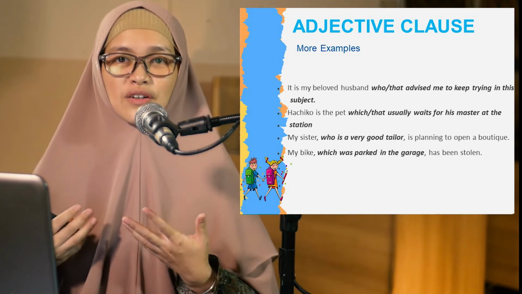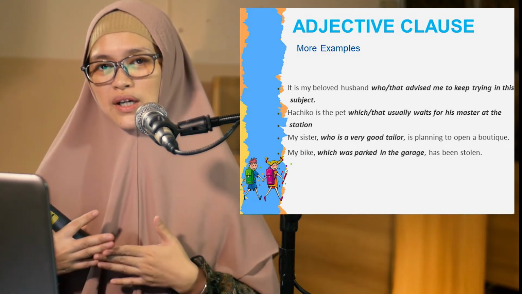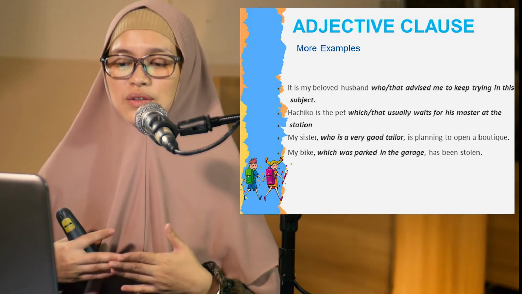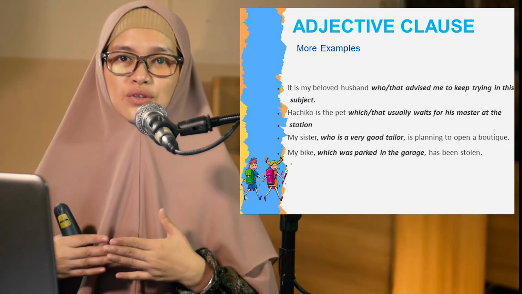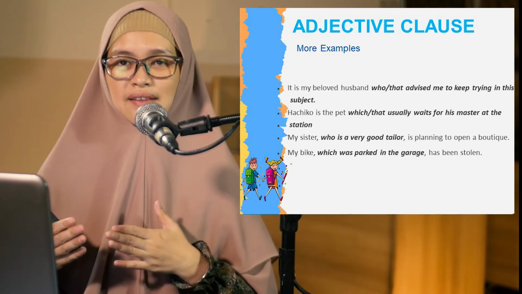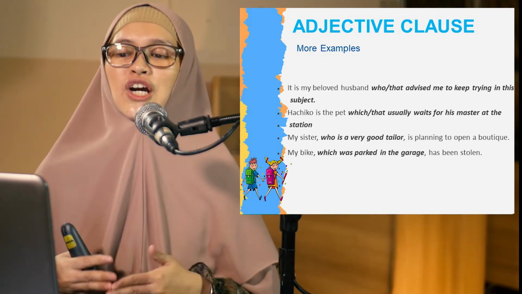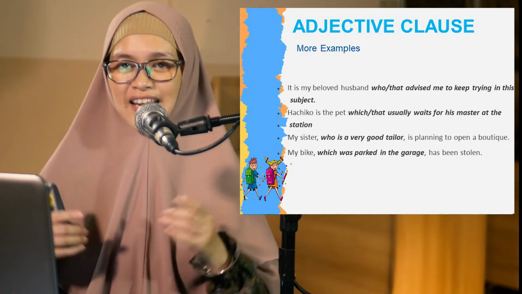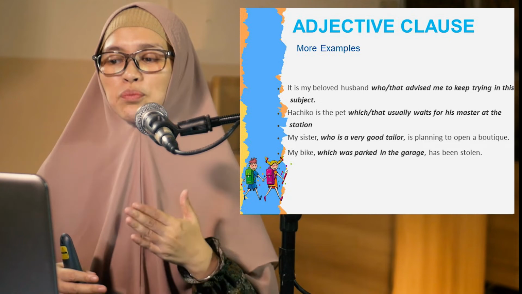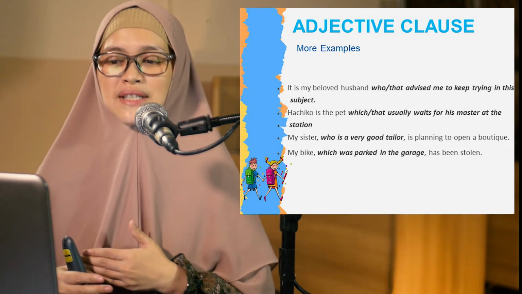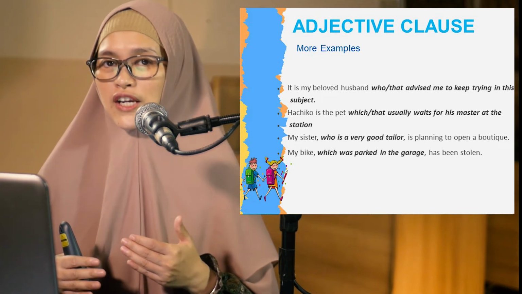But in a non-restrictive clause, or non-defining clause, we cannot use that. So we can only use it like this. My sister, who is a very good tailor, in commas, is planning to open a boutique. Can we omit who is a very good tailor?